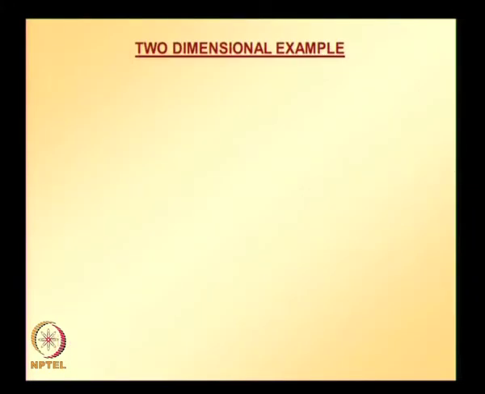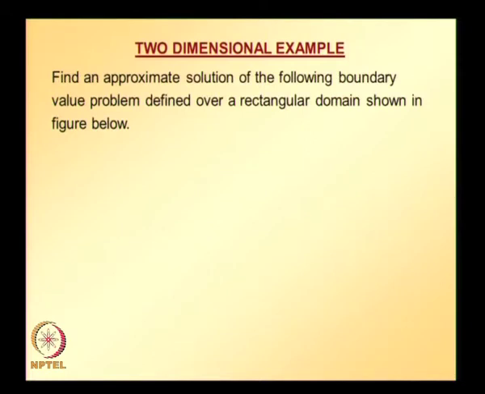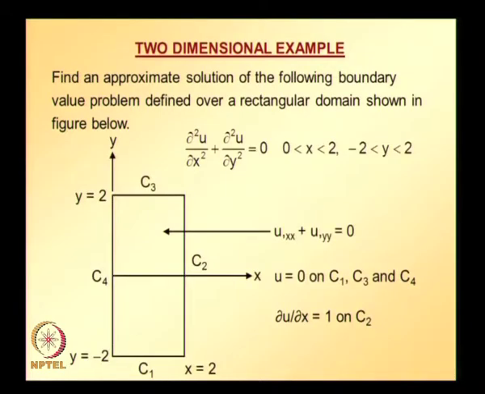So, now let us go back to the two dimensional boundary value problem that we intend to solve. So, this is the problem statement. We start with the modified Galerkin method.